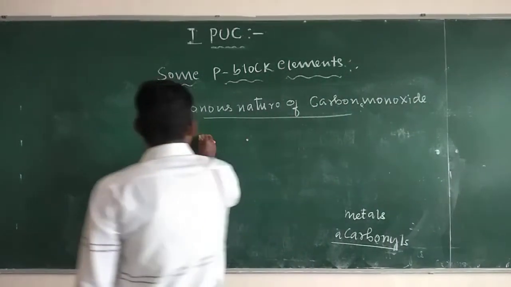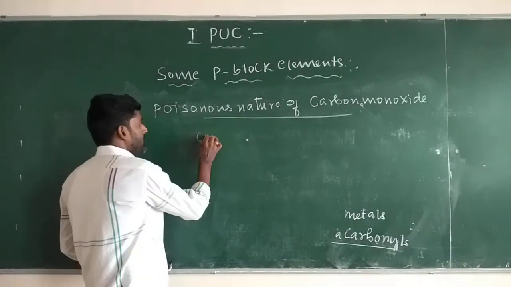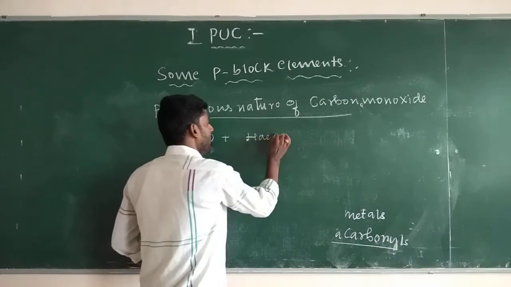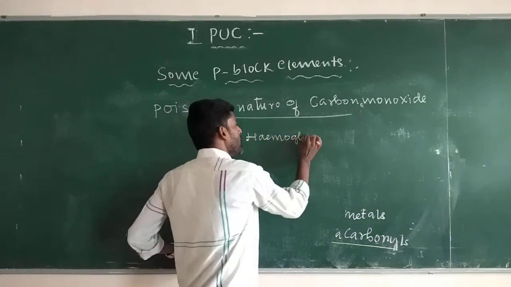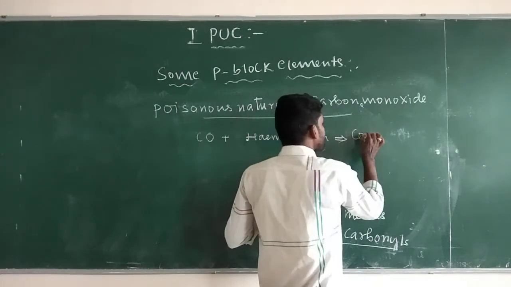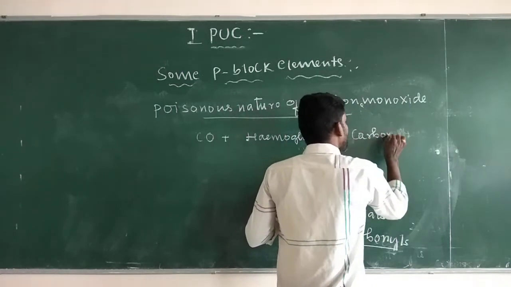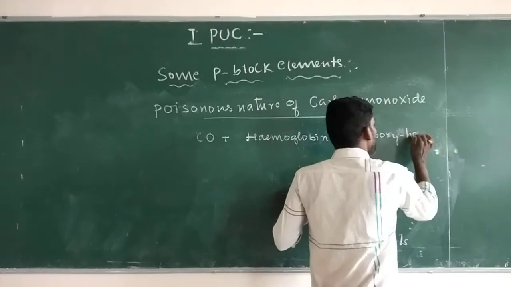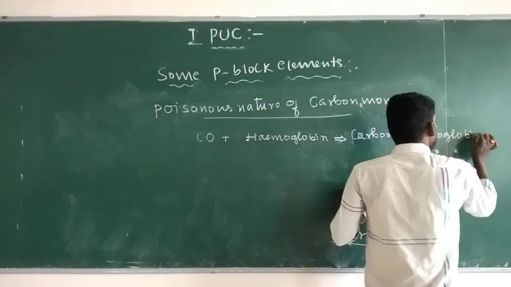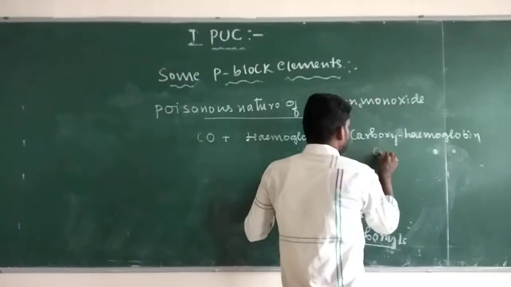That is, carbon monoxide CO plus hemoglobin forms carboxyhemoglobin complex.